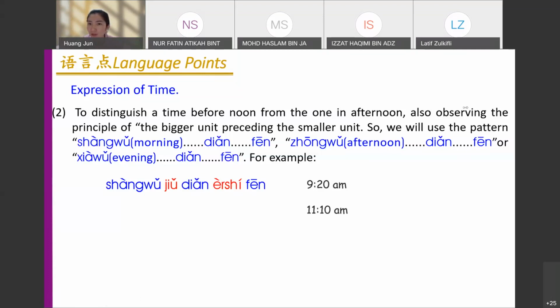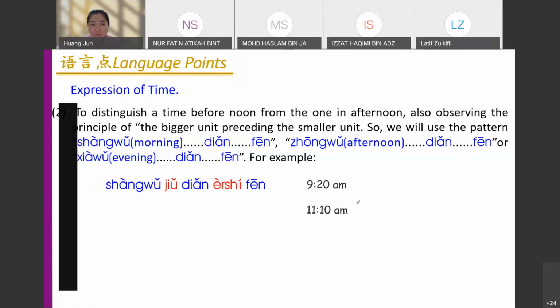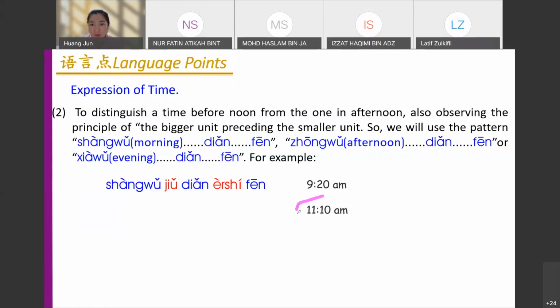How do you say this one? During this time, how are you going to say it? Okay, type your answer for this one. 上午11点10分. Very good. It's 上午11点10分. Very good. So you already remember: because the morning word is longer, we put it in front.